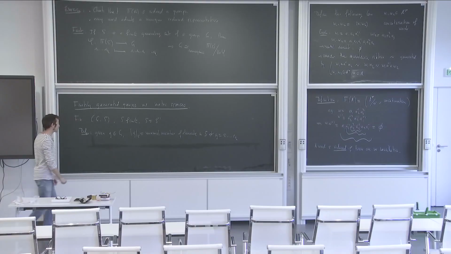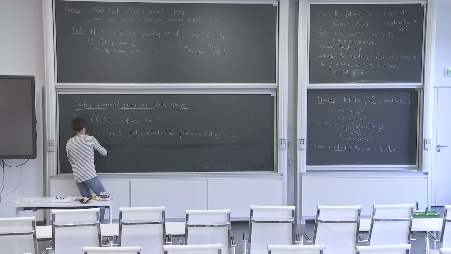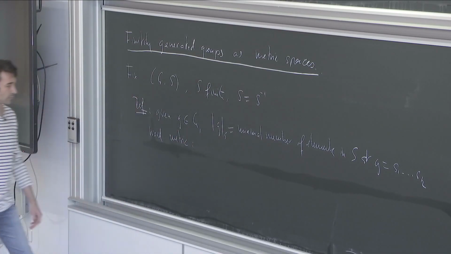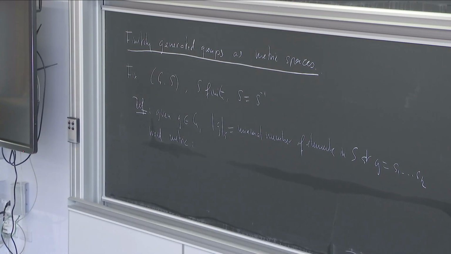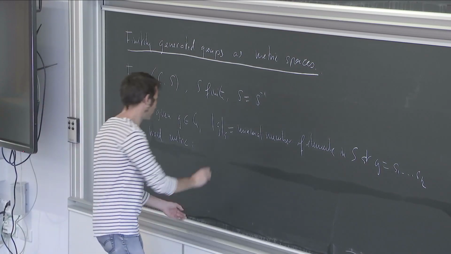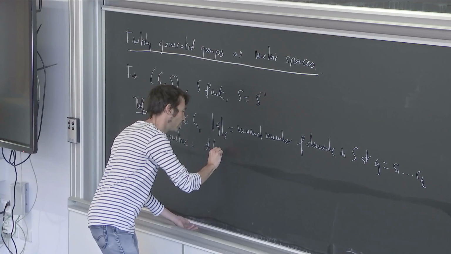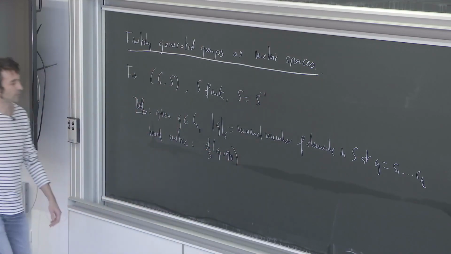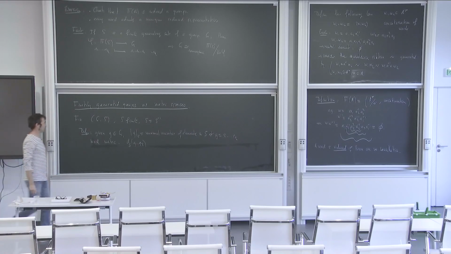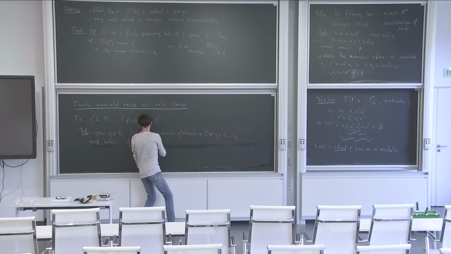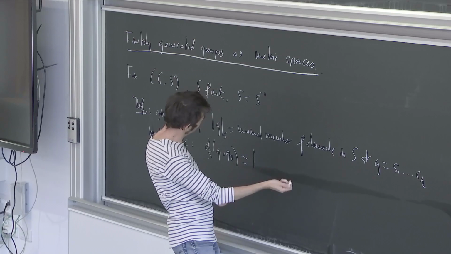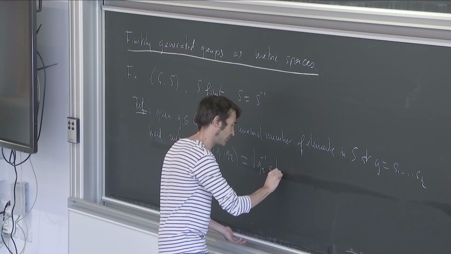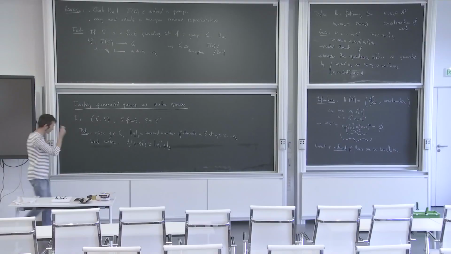Okay? And then the word metric with respect to my generating set S is defined for two elements g1, g2 as the norm of, so I have to do it the right way, g2 inverse times g1.